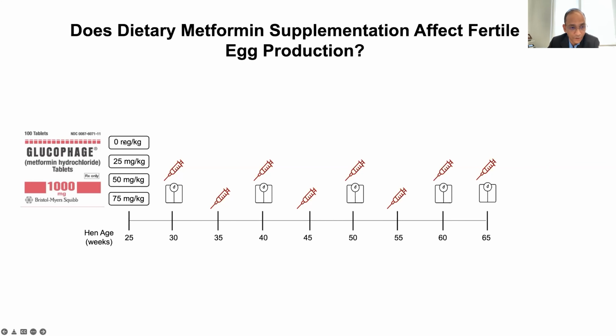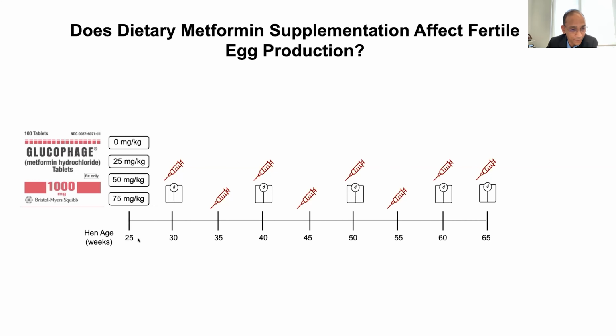And these doses are way, way lower than what an adult human would take for treating type 2 diabetes. We came up with these dosages using several pilot trials. If you used anything greater than 125 milligram, it knocks down egg production big time. And I'm going to show you the data, especially with these 4 treatment groups.